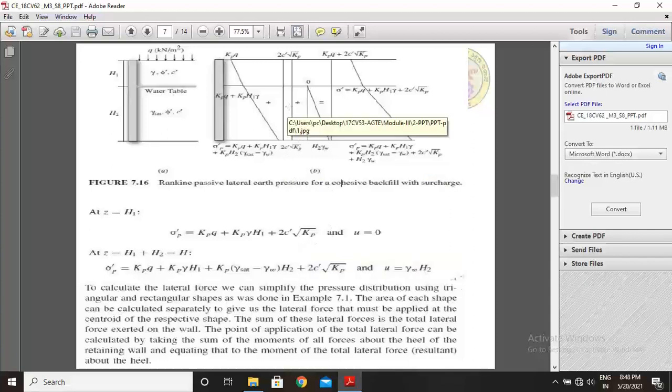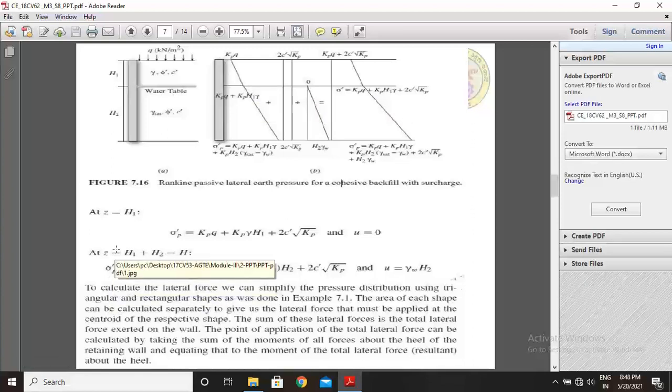And the water pressure at depth H1 is 0 because there is no water; the water table is below H1.